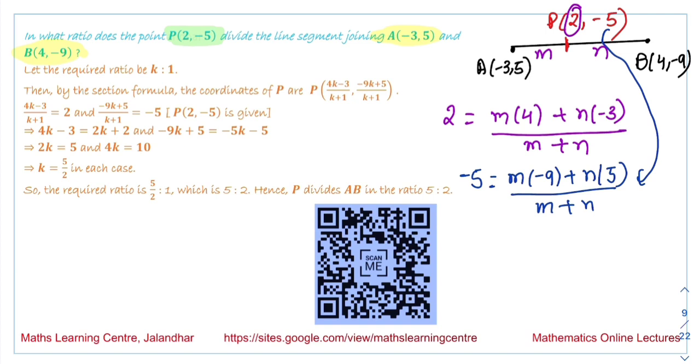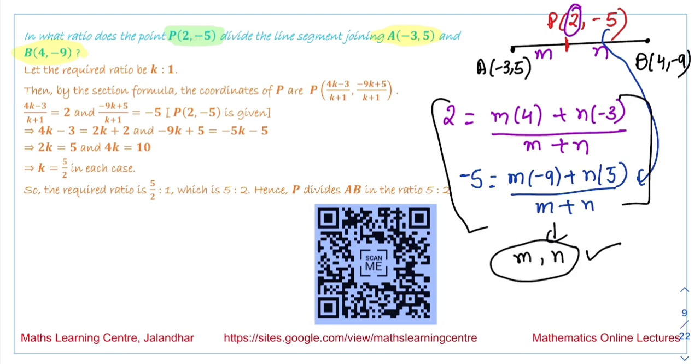Now on simplifying these 2 equations, we will get 2 linear equations in terms of m and n, and we can find those values. So in place of doing this, what we can do is, suppose we are saying the points we have are A and B, and this is the point P we are talking about. In place of writing the ratio m is to n, we are writing that it is dividing in the ratio k is to 1.